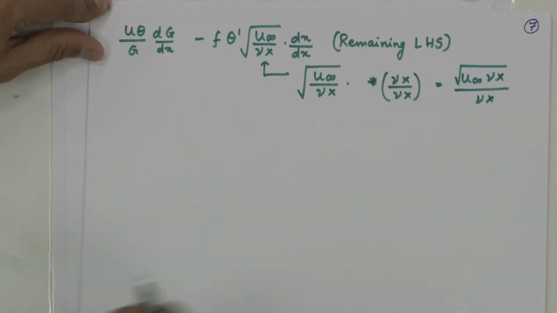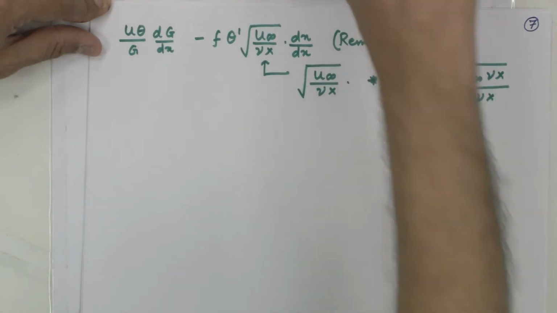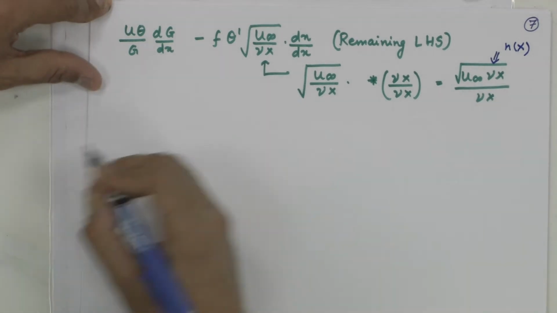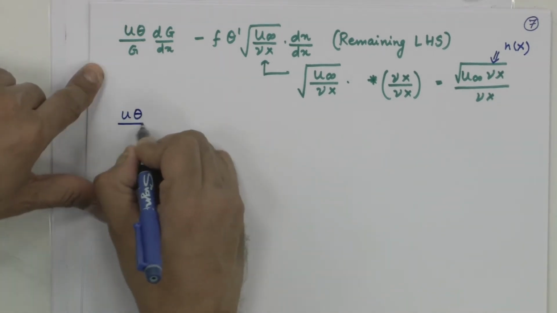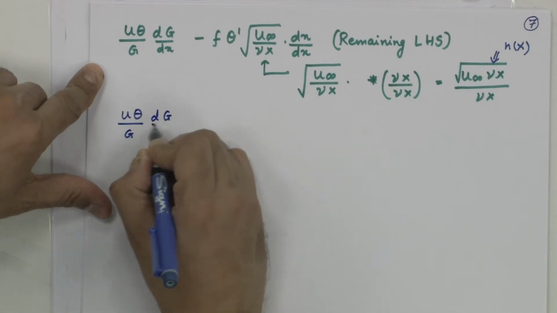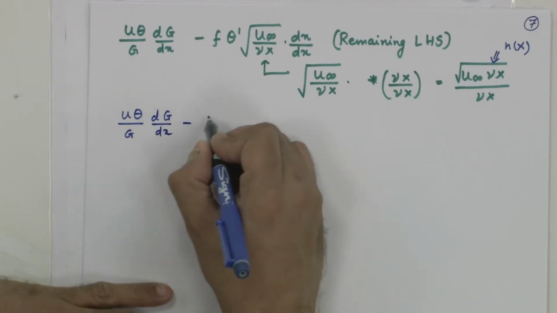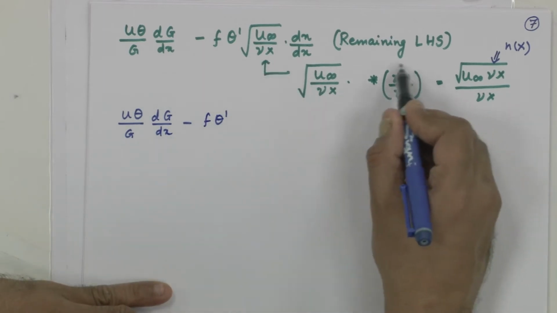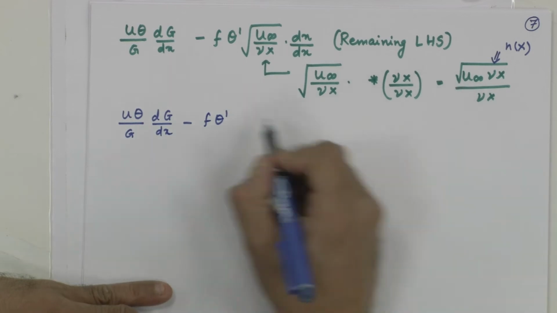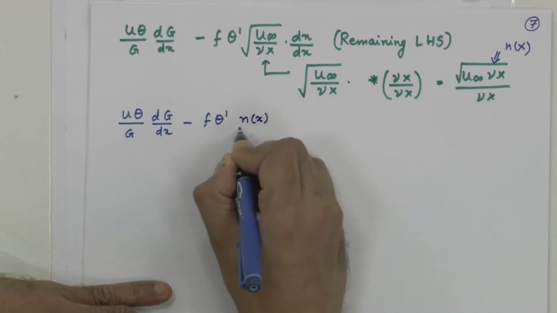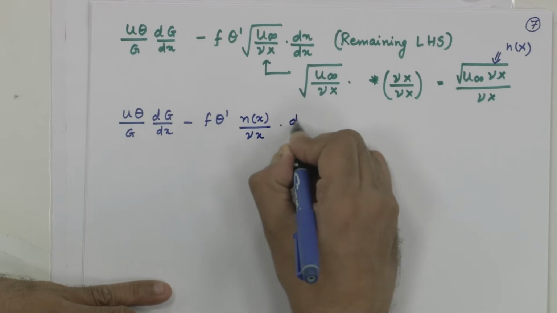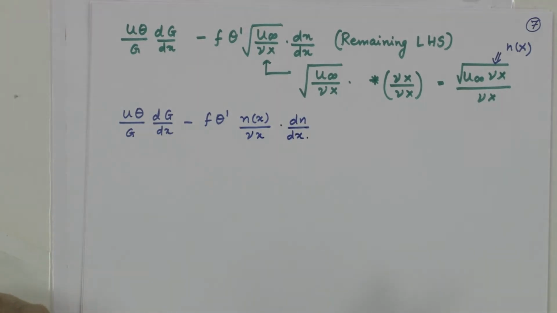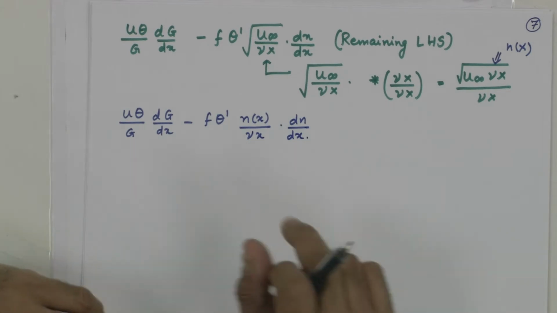Nothing has changed. What is u infinity nu x under root? This is my n of x. So u theta over g dg by dx minus f theta prime, I have multiplied and divided by nu x over nu x, so nothing has changed except that I can write this as n of x over nu x dn by dx. You can write this as dn by dx.